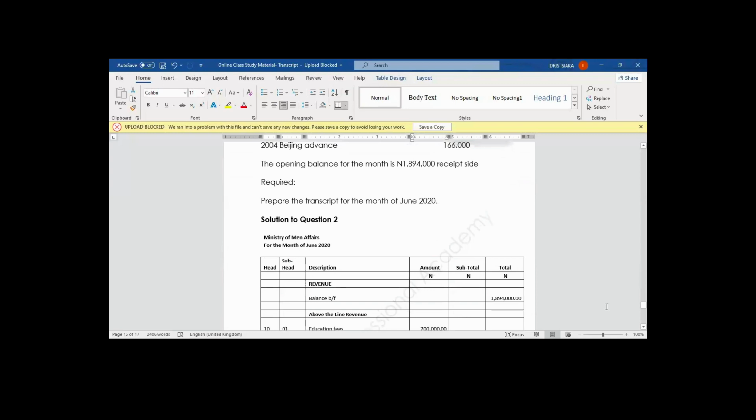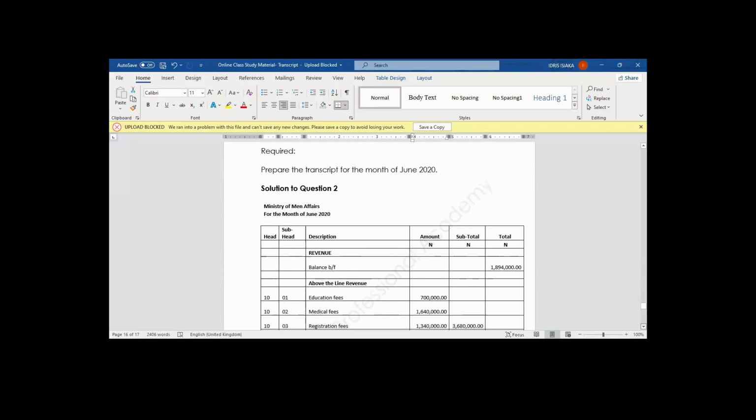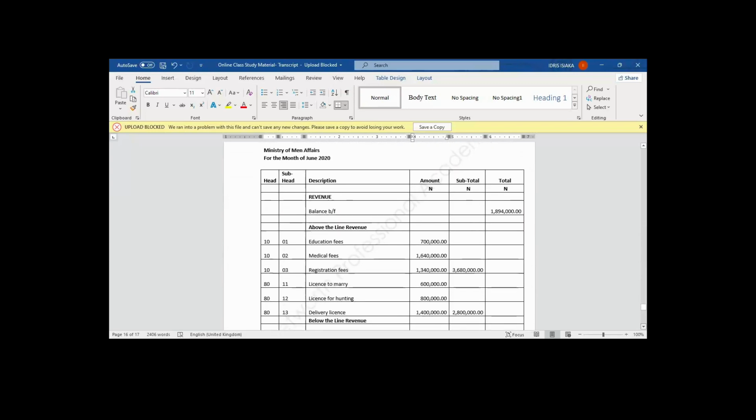So if you look at my item now, balance brought forward, I put it under this total. Above the line item, you can see I started from 1001. 10 is the head, while the sub-head is 01. So, education fee, 1002.